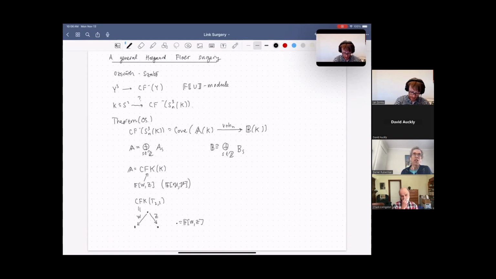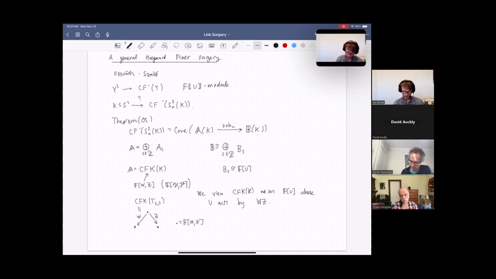And this complex B, well, each of these B sub S complexes basically turns out to be a copy of F adjoin U. I haven't said it, but we view this knot Floer complex CFK of K as an F adjoin U module where U acts by the product WZ.